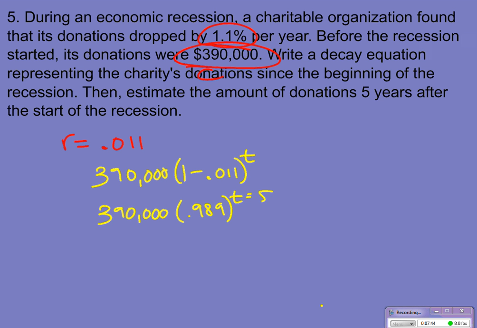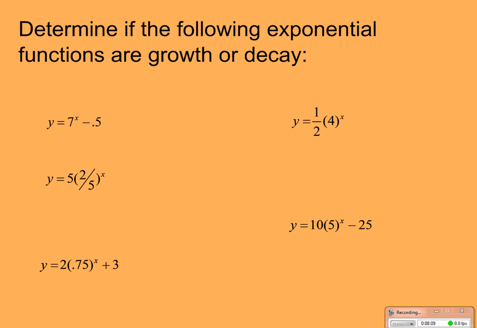So raise that to a power of 5, multiply by 390,000, and I get that 5 years down the road, the donations are going to be roughly $369,000, or $369,016.74.